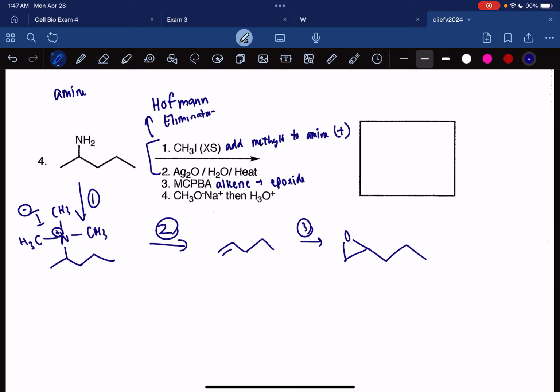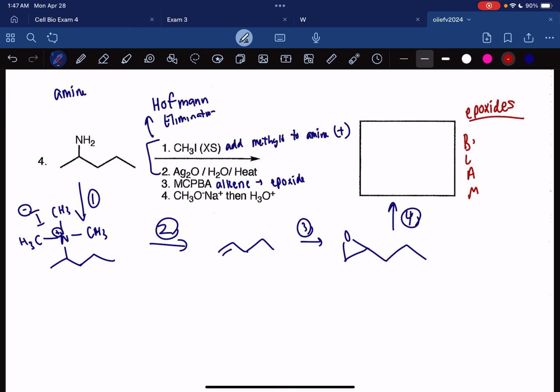Okay, so that one's pretty simple. That's an orgo 1 reaction. And then the last thing we're seeing here is CH3O Na minus with an acid workup. If you remember, whenever you have an epoxide, there's two ways to attack, the left and the right side. The question you have to ask yourself is, how do I know which side to attack? With epoxides, there's a handy trick, called the BLAM acronym.